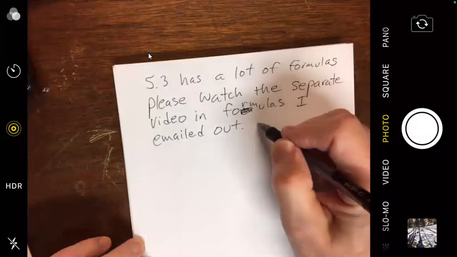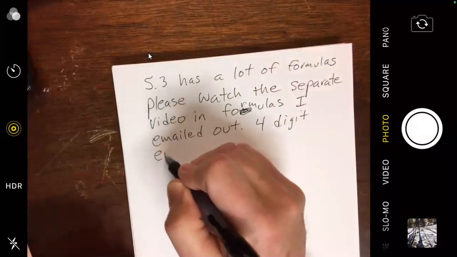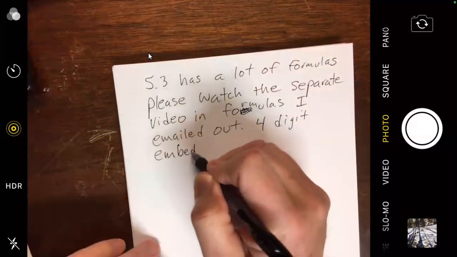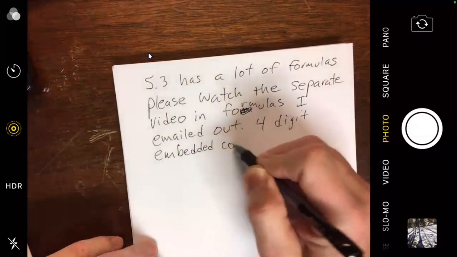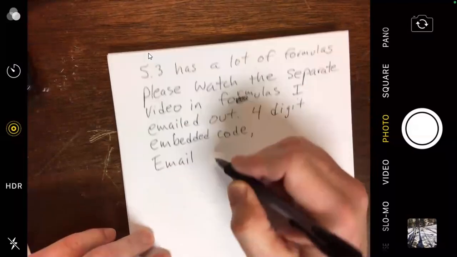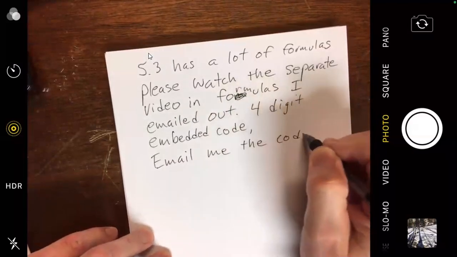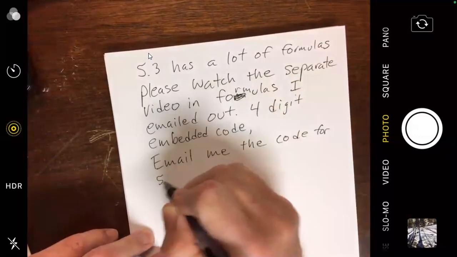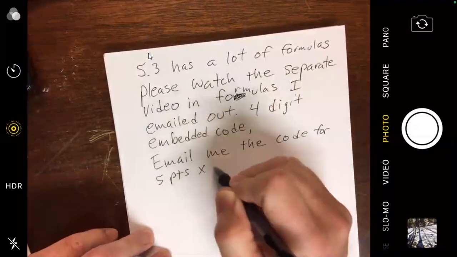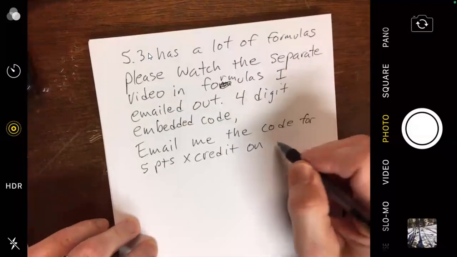Remember, there is a 4-digit embedded code. Email me the code for 5 points extra credit on test 2.